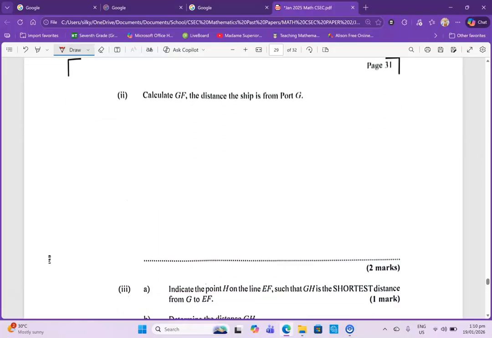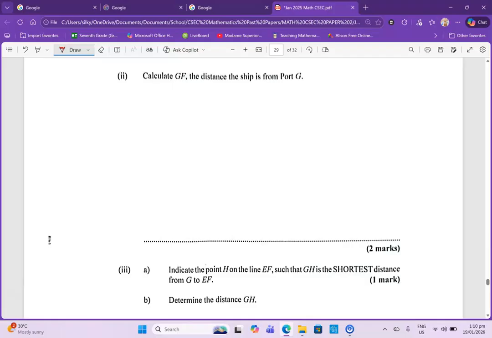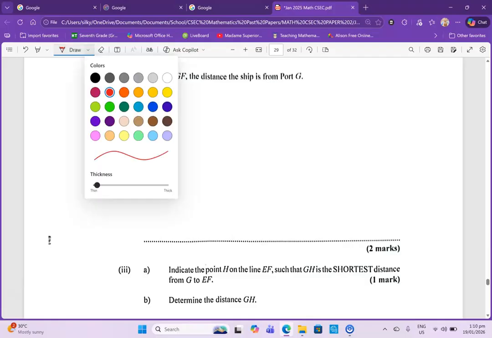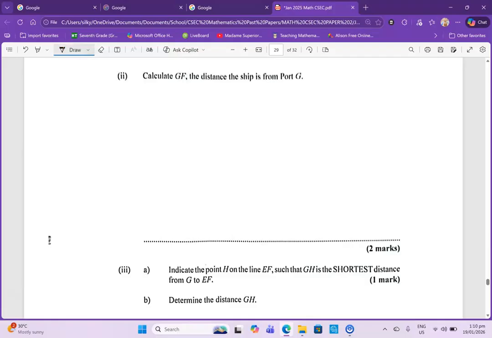For 2 marks, we want to calculate GF, the distance the ship is from port G. So instead of having to scroll back up to the diagram, I'm going to redraw it here. Okay, so we're going to put in the angles.